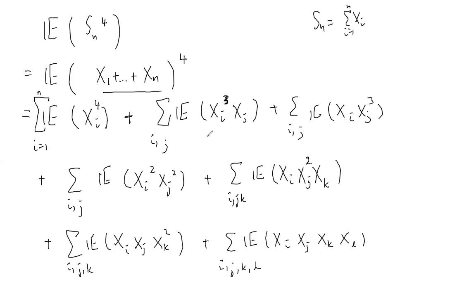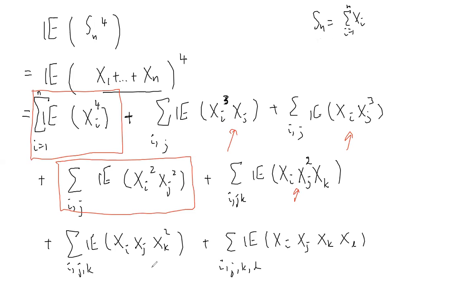Okay, and now don't get scared by so many of these terms, because in fact you only need to consider these 2 terms. The rest of the terms, right, they are all 0. They all become 0 because remember, you have your x1, ..., xn, they are IID, right? So when you have the expectation of these things, xi to the power of 3 times xj, you can split them out, right?